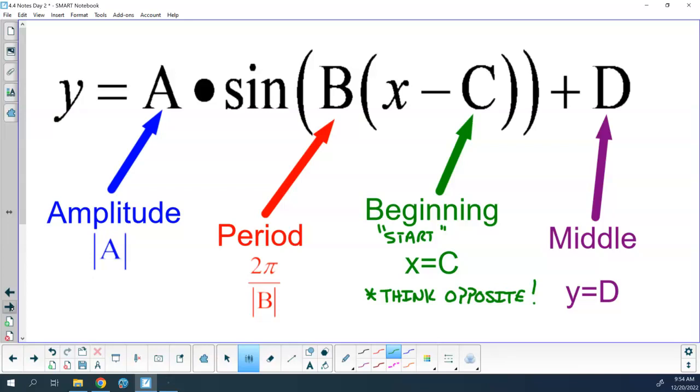Because it's x minus c. So x equals c would be my start. So the quick visual test, you got to think oppositely just on c.